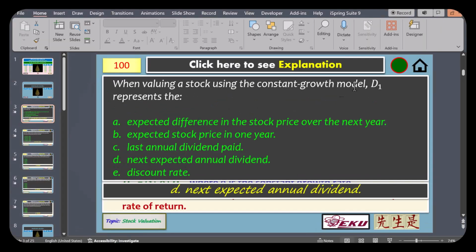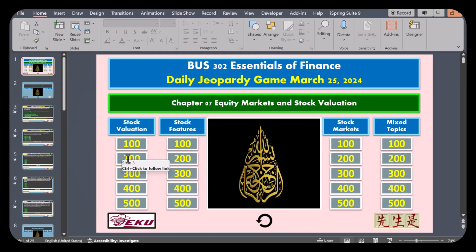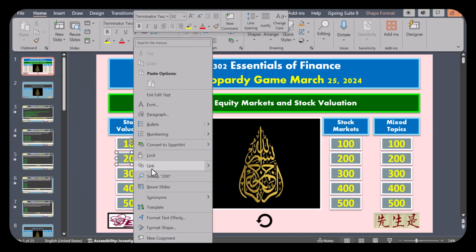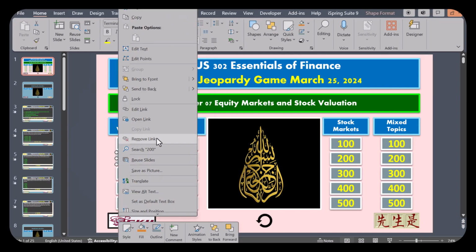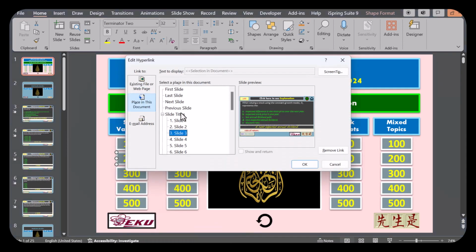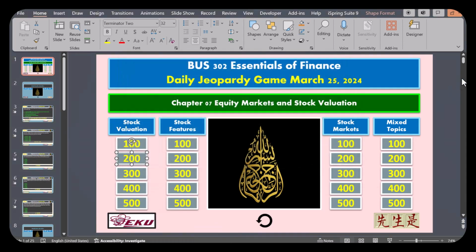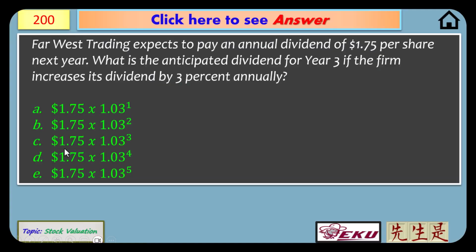Oh, I think it points to the wrong place. And when you do these animations, you make sure that things are pointing to the right places.